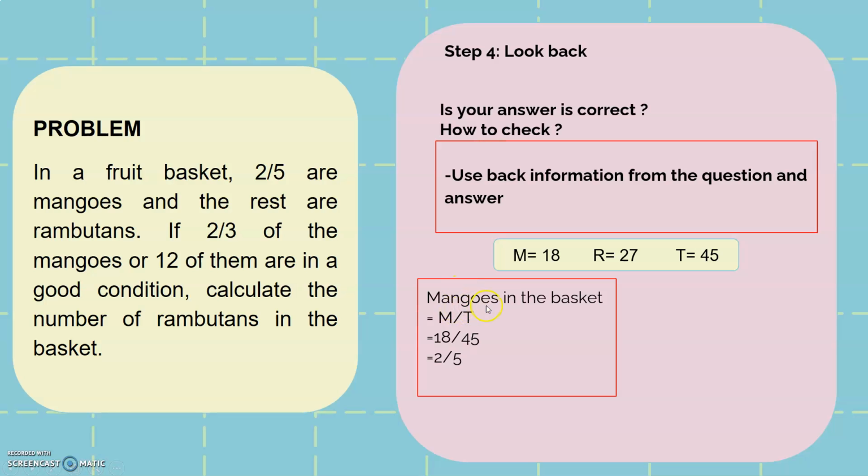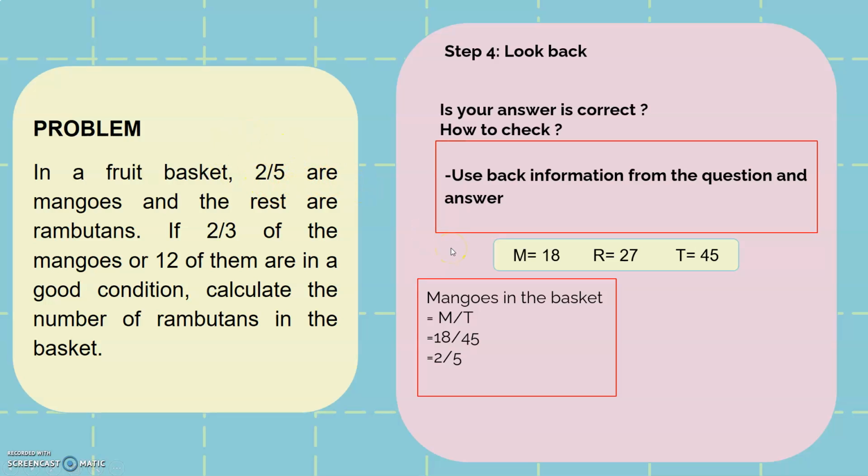They know that mangoes in the basket equal the number of mangoes over the total number of fruits, which is 18 over 45, and the simplest fraction for this is 2/5, which is the same as the problem given.